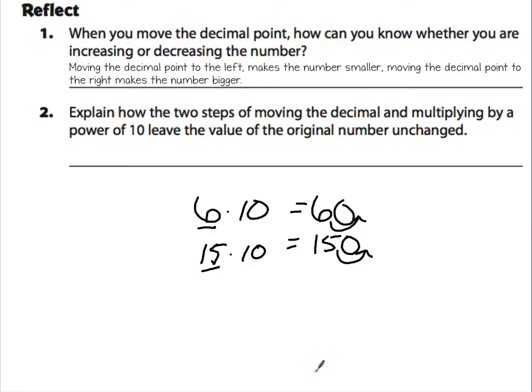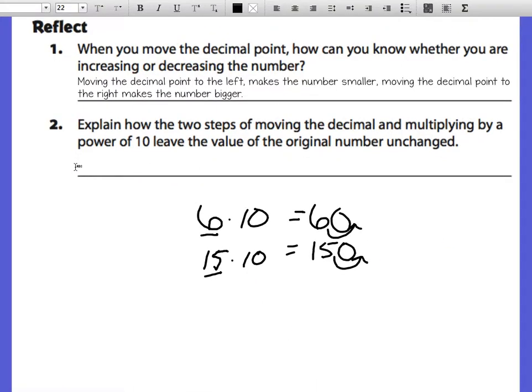Okay, so multiplying by a power of 10 only increases or decreases the number by a power of 10. That's why the digits don't change, because it's only the decimal that's moving.